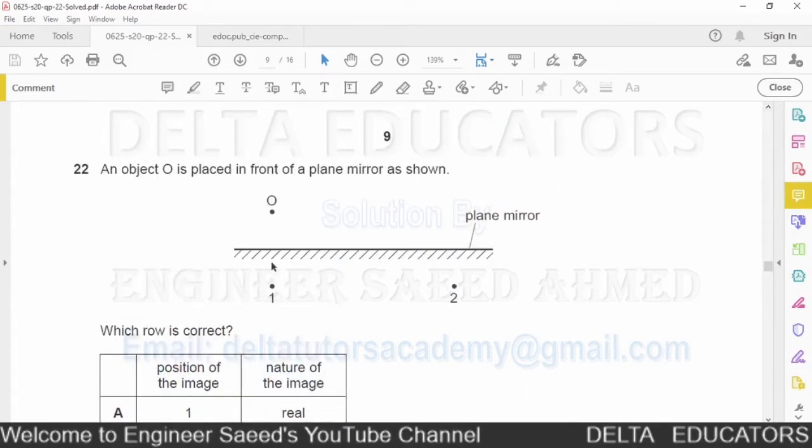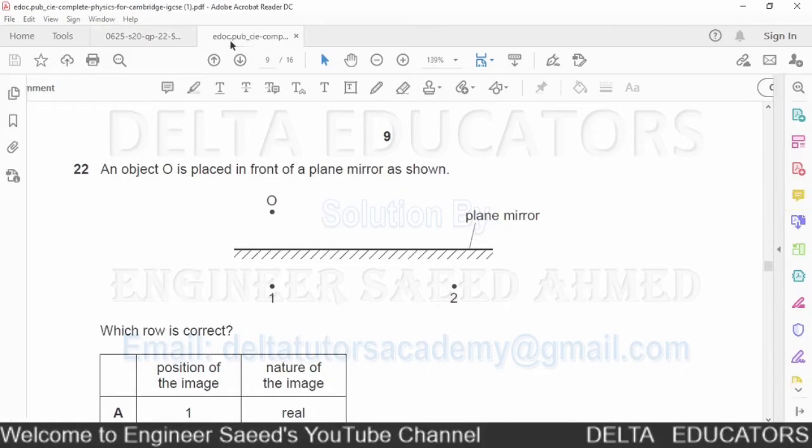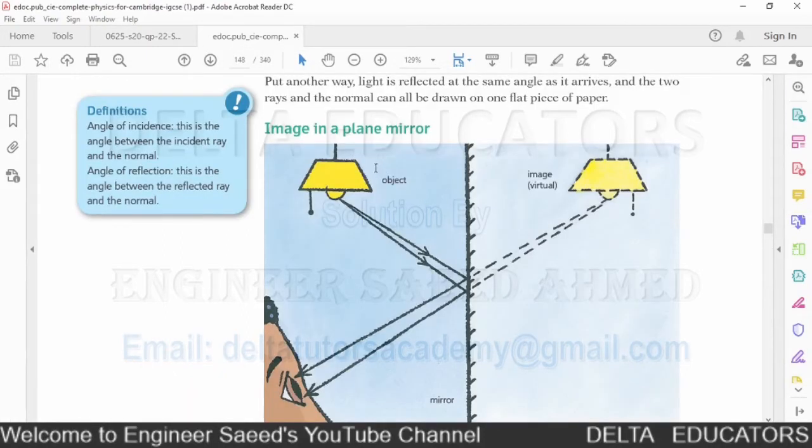For the position of the image, if an object is placed in front of a plane mirror, the image is formed on the other side of the mirror at the same distance as the distance of the object from the mirror. Meaning the distance from the mirror to the object is equal to the distance from the mirror to the image. This topic we have studied in image in a plane mirror.